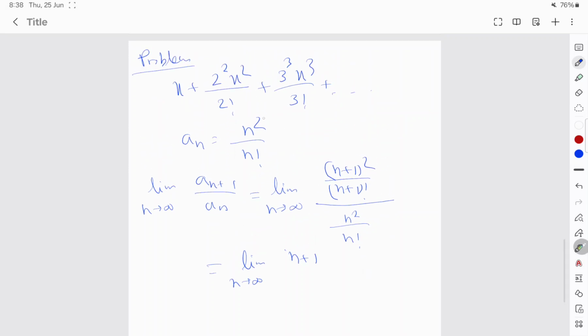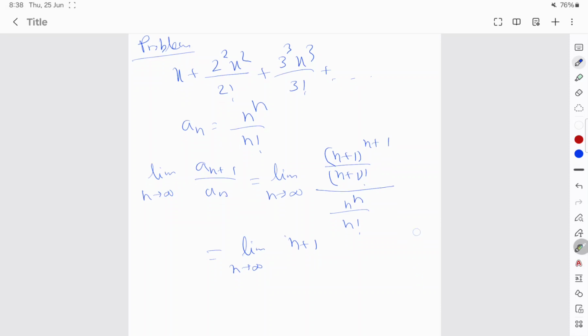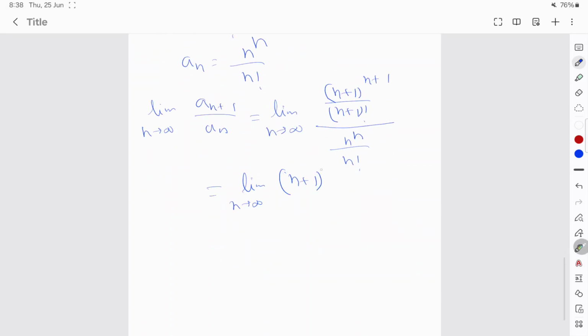Sorry, I think this is not square, this is n, right? Because this is also increasing. So this will be n plus 1, this will be n.